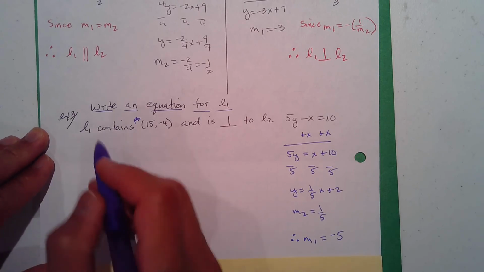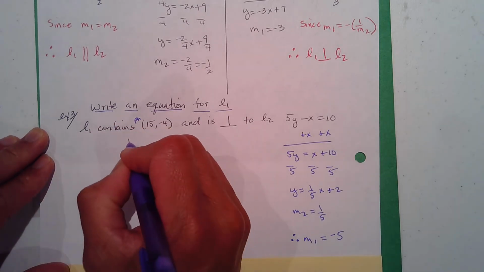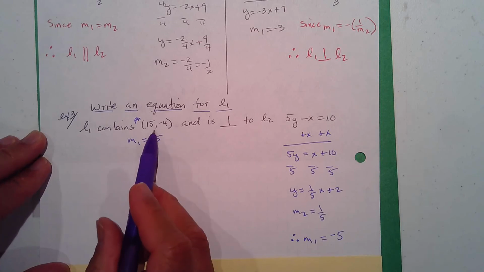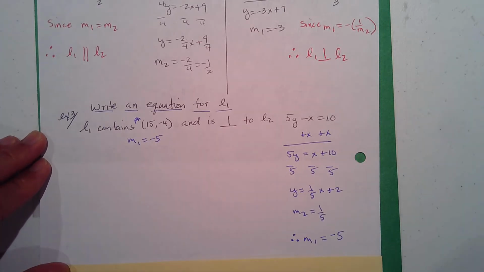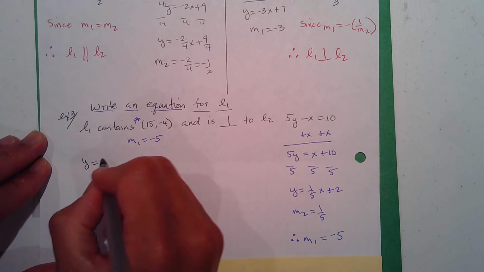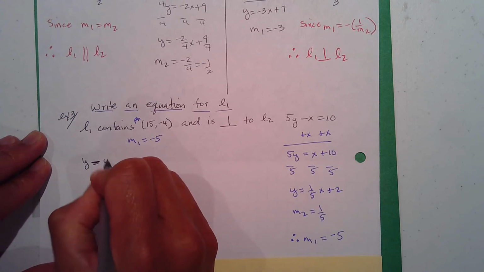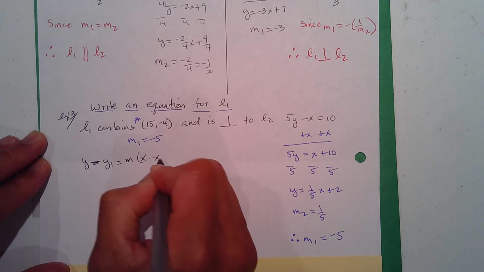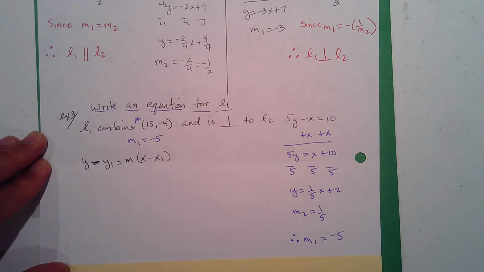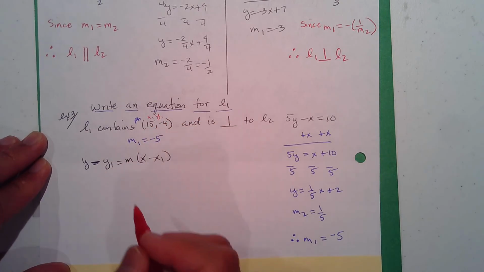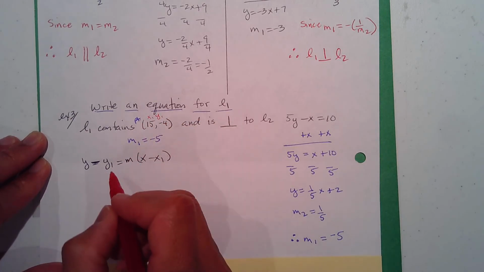So now let's use this information. The slope of line 1 is -5. We now have a point and a slope. Point-slope form: y minus y1 equals m times quantity x minus x1. We have our point, we have our slope, so we'll substitute all this information in.